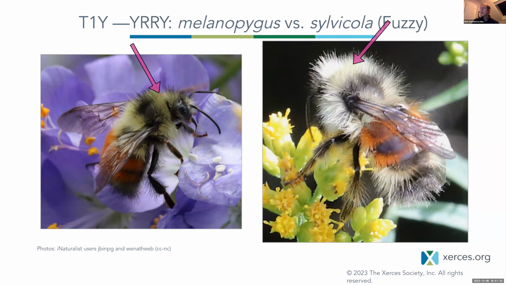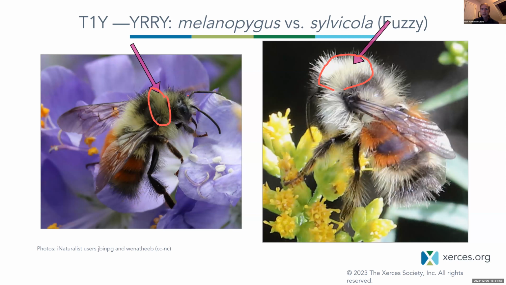The other things that we'll look at are the thorax. So the front of the thorax, you remember in Bombus melanopygus, we have that cloudiness. There's no cloudiness in Bombus sylvicola. I will say that this character is variable. Again, as Leif mentioned, the further south you go, the fewer black hairs there are intermixed, or the less cloudiness there is, and the more yellow hairs.